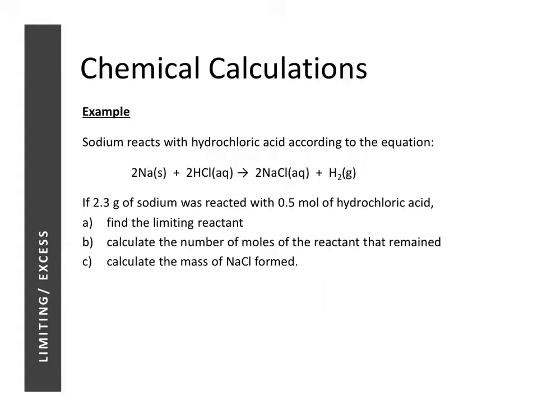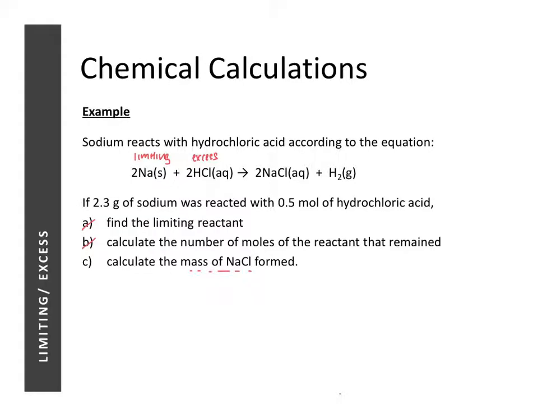So back to the calculation question. Just a while ago we found out that sodium was limiting and hydrochloric acid was in excess, and we have solved part A and part B. Now in part C we need to calculate the mass of sodium chloride formed.